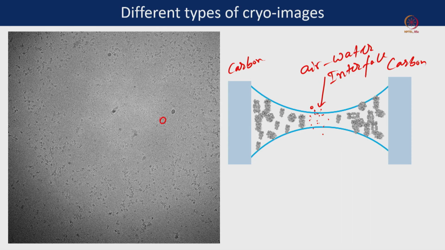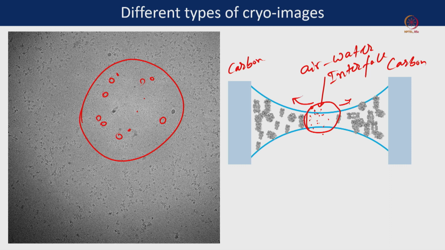Here you can see there are some kind of dots everywhere, so those are probably the broken sample. And in this particular area the ice is very, very thin, so we are looking at this particular area. If you go in this direction or this direction, the ice is comparatively thicker, so most of the protein sample moves in that direction. That is the reason you can't see any particles in the central part, only broken particles because of the air water interface.